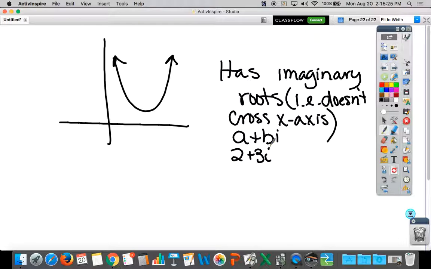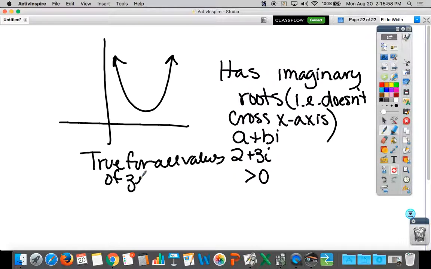Okay. What would I know if it had it set greater than 0? What would I know about that? What if it had that greater than 0? What about all the x values? They're all positive. So that would be true for all values of x. Sorry about that. Okay, so if I had greater than 0, that would be true for all values of x.